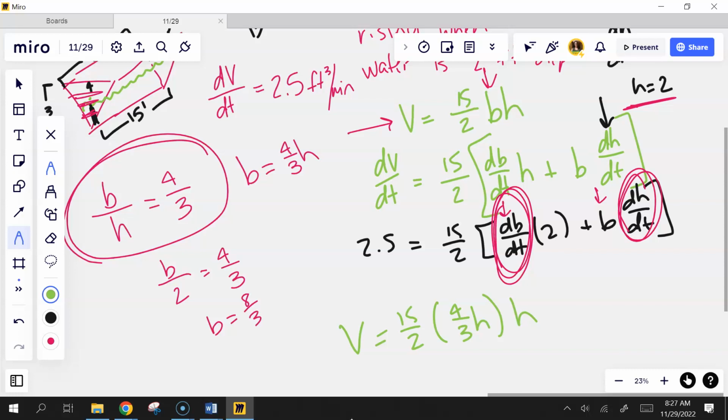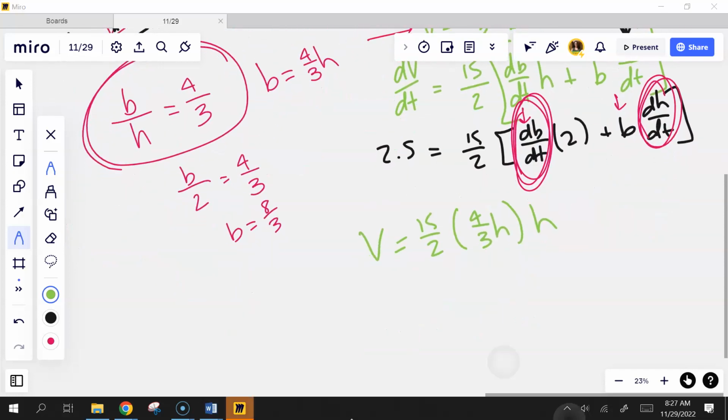Do you agree? I agree. It just is. So my volume is actually, let's see, that's 2, that's 1, that's 1, that's 5. 10H squared. Now dV/dt equals 20H dH/dt.